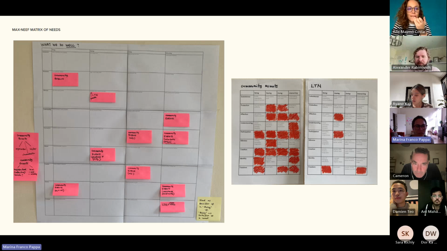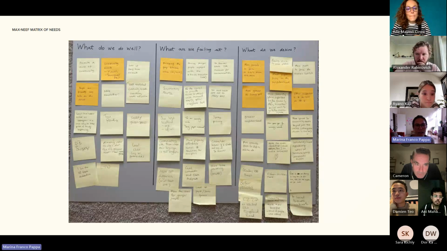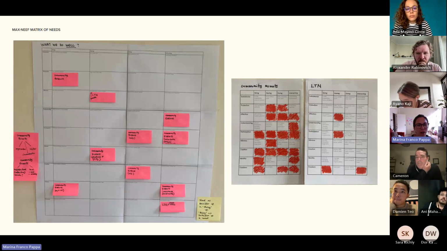That's a bit what started happening with me, because what I had on this board is what we do well as a neighborhood, what we're failing at, and what we desire. I thought, okay, let's look at what we do well and map it on the matrix. And I just wasn't able to do it.